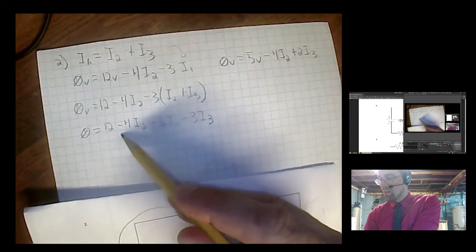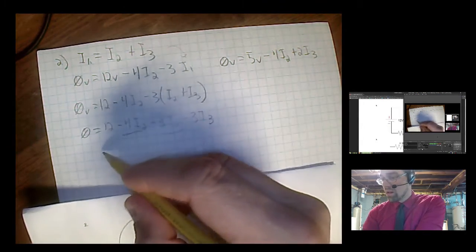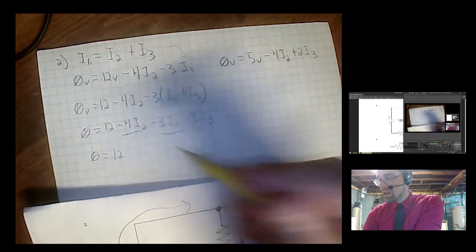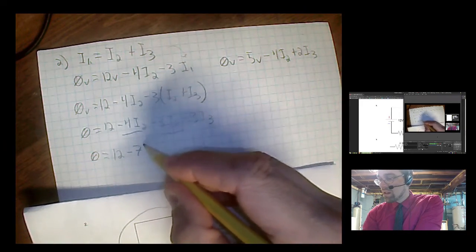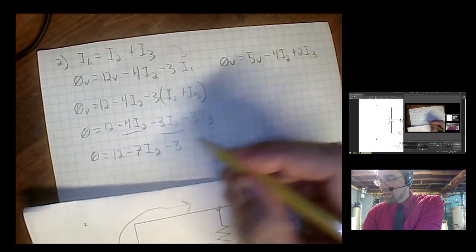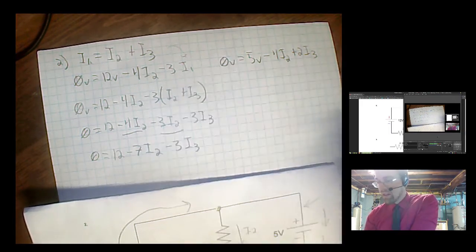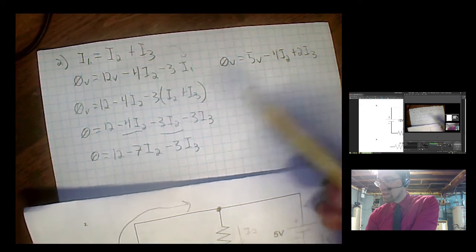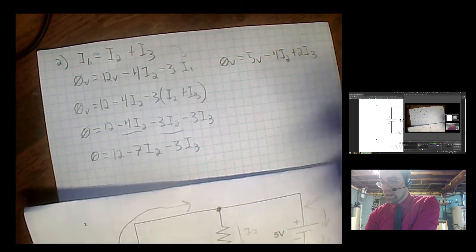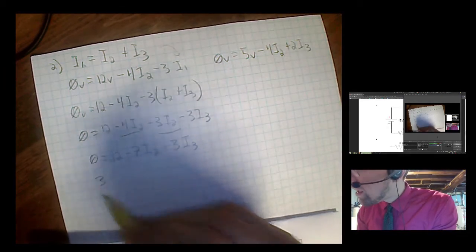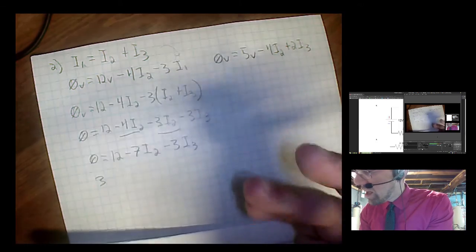Okay, I can combine like terms. Negative 4 minus 3 is negative 7. Now I have two expressions that contain both I2 and I3. So let's maybe add that over. Actually, yeah, I got 3I3.